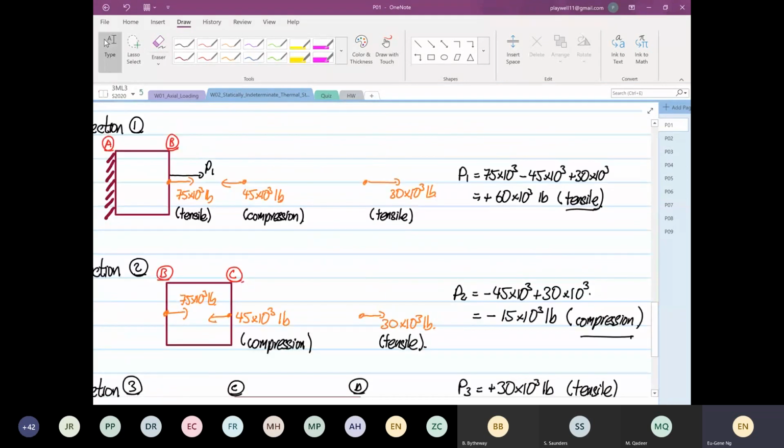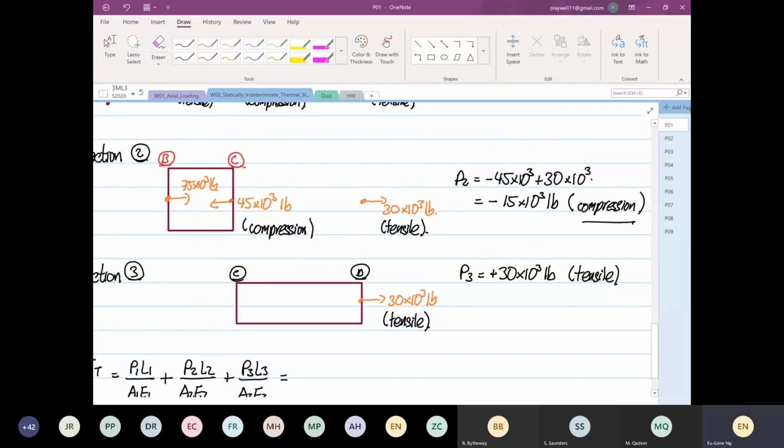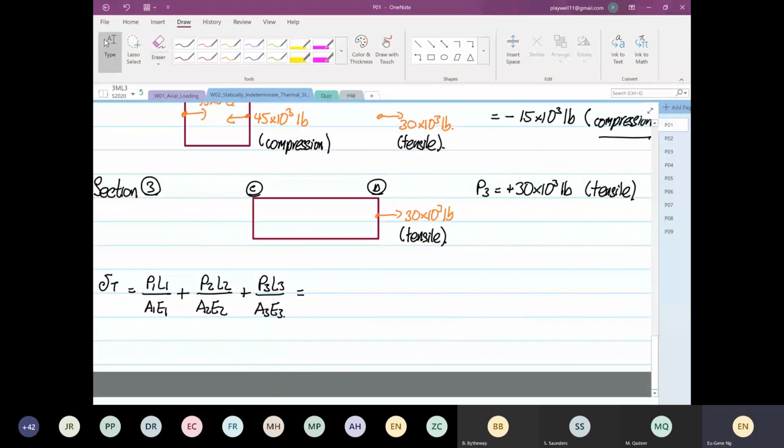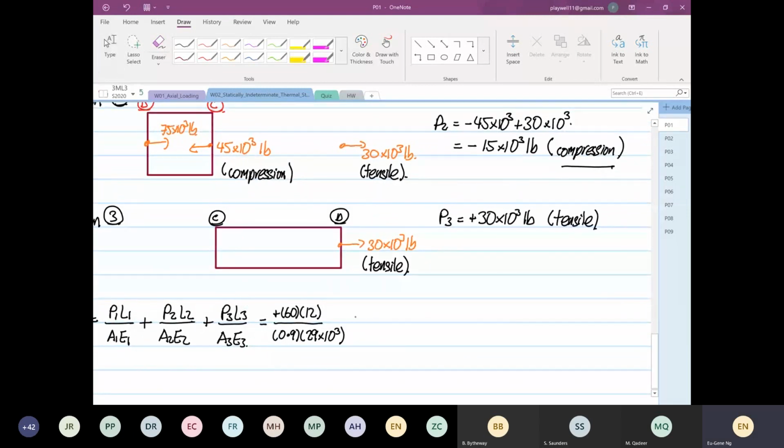Okay, now it's just a matter of putting in the numbers. So P1 is equal to, I think it's positive 60 multiplied by 12 divided by 0.9, and steel's Young's modulus is 29 times 10 to the power 3. And then at section number 2 is minus. Why minus? Because it's going for compression. So minus 15 times 10 to the power 3.